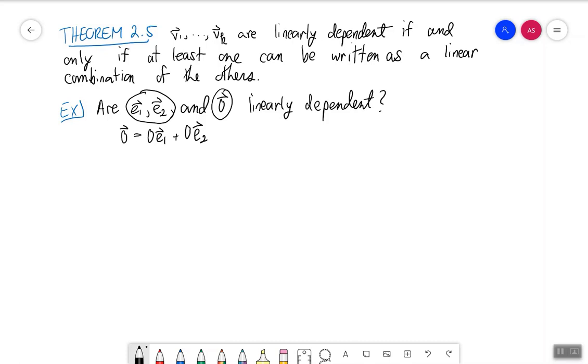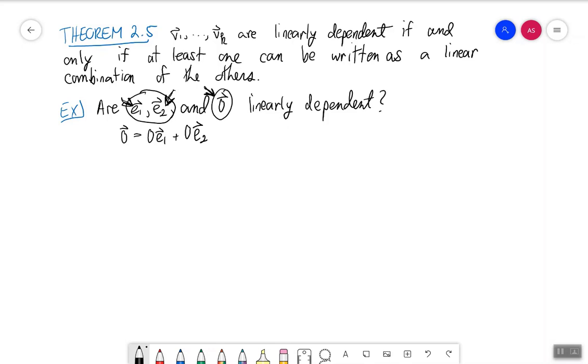So therefore, since at least one of these three vectors is a linear combination of the others, this entire set of three vectors is linearly dependent. However, I want to emphasize that just because one can be written as a linear combination of the others does not mean that they all can. I cannot write e1 as a linear combination of e2 and 0. I cannot write e2 as a linear combination of e1 and 0.